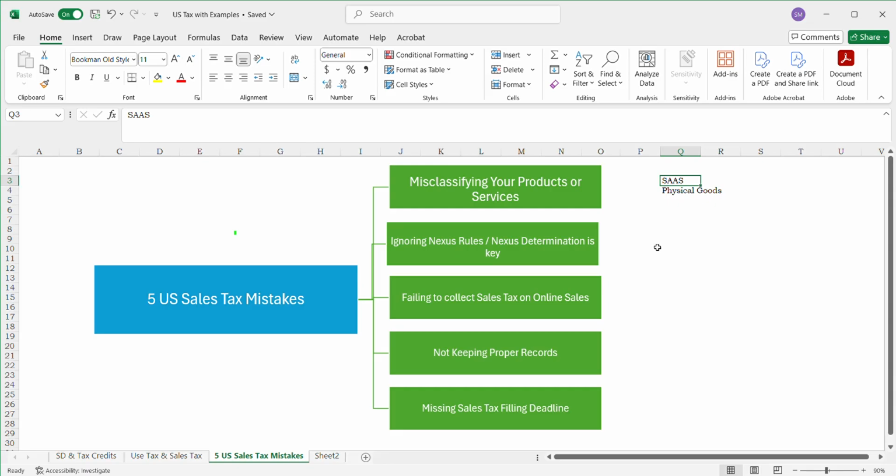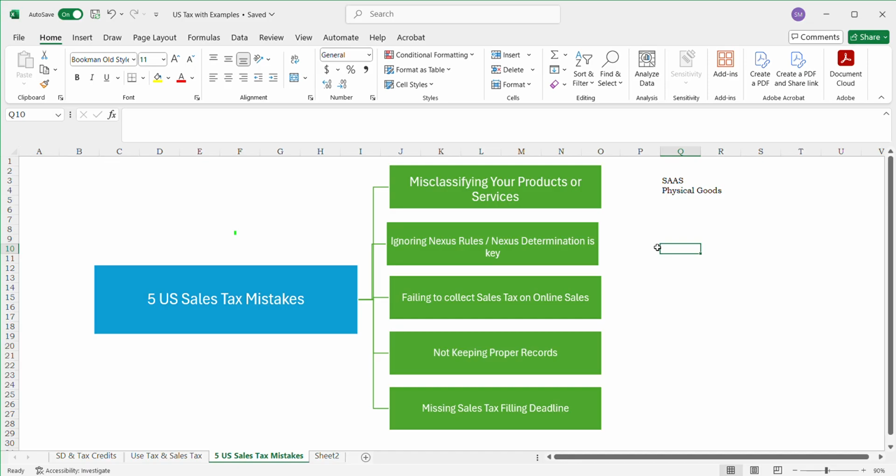The second mistake is ignoring the nexus rule, because nexus determination is key. Nexus is a legal term that we use to classify the tax presence in a state. If you have a nexus, it means that you have to collect and remit the sales tax in that state.